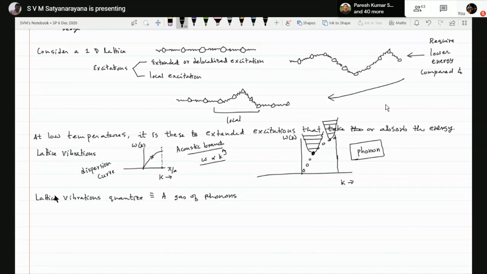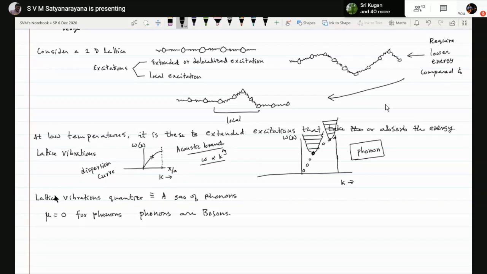So the first property of the phonon, somewhat similar to the photon, is that mu is equal to 0 for phonons, and phonons like photons are also massless. The chemical potential is equal to 0, and of course, you might have recognized by now that we are studying under Bose-Einstein statistics. They are bosons.